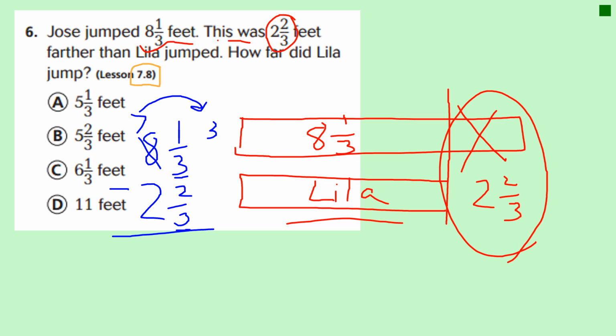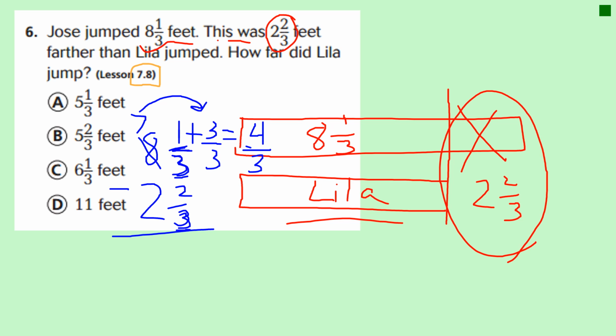What's one whole thing as a fraction? Well, I'm going to use 3/3, because what are we working with in this problem? Thirds, everything's thirds. Okay, so we already had 1/3. We're adding on 3/3. So now we have a total of 4/3.